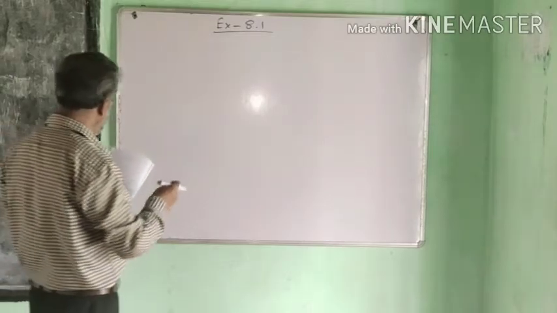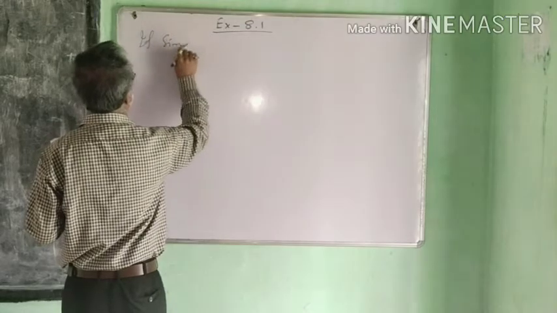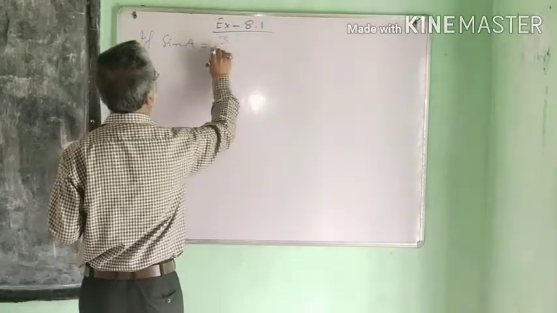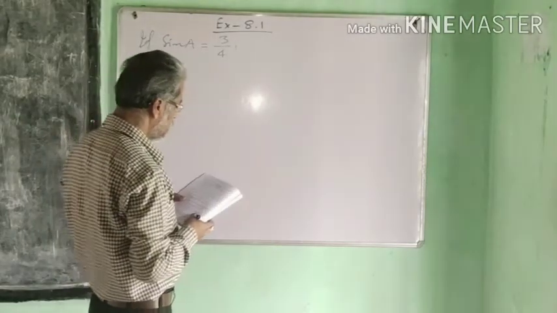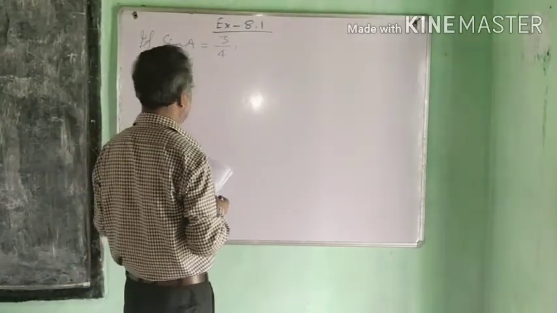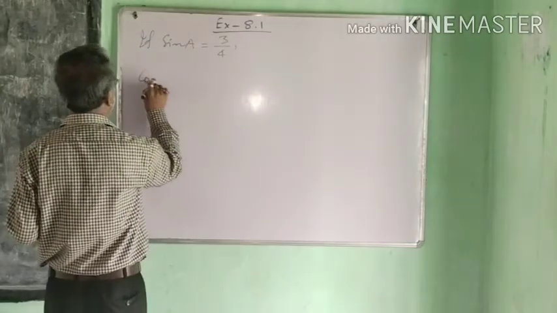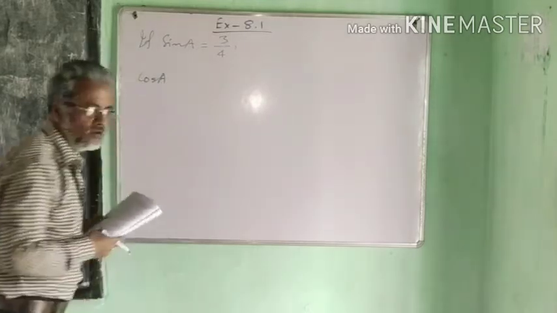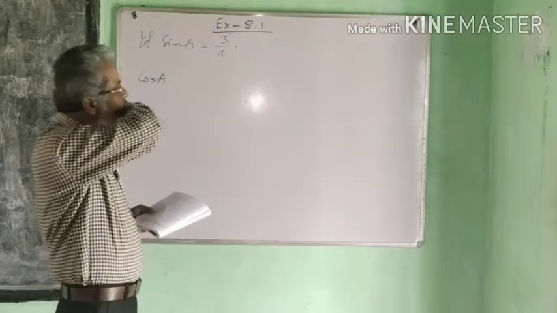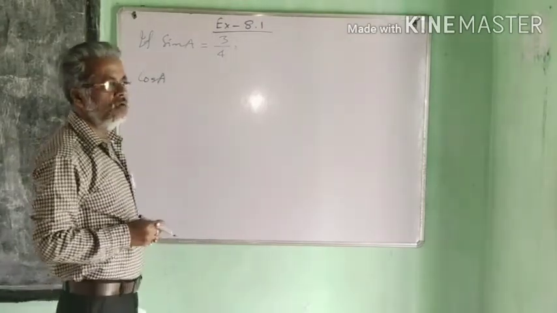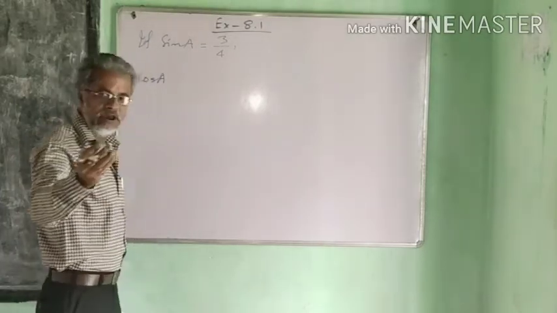If sin A is equal to 3 by 4, calculate cos A and tan A. First you find cos A. You know, sin square A plus cos square A is equal to 1.